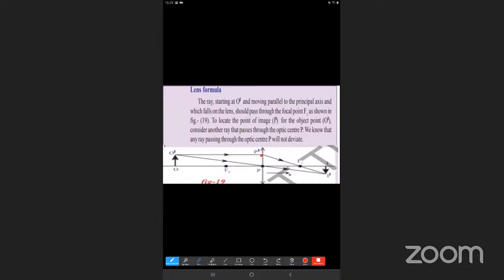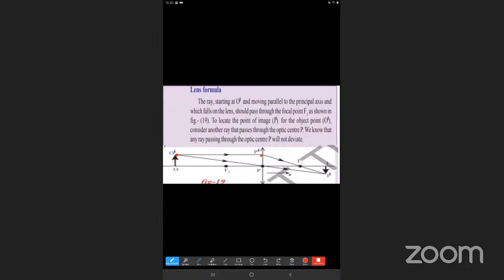We already know the ray diagrams of a convex lens: when the incident ray is parallel to the principal axis, after refraction it passes through the focus.